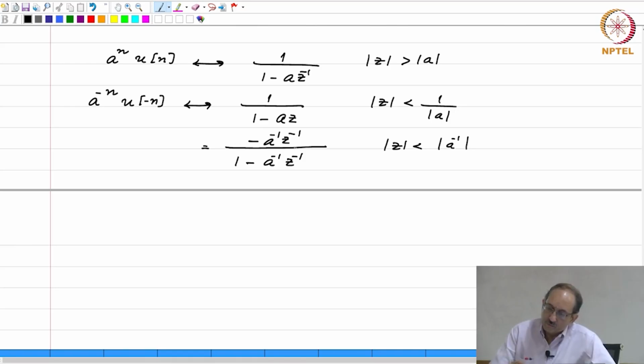Now, I have a factor z inverse in the transform. I want to get rid of that. To get rid of that, I need to multiply by z. If I multiply in the transform domain by z, I can get rid of this z inverse factor. But if I multiply the transform domain by z, in the time domain, wherever n is there, I have to replace n by n plus 1.